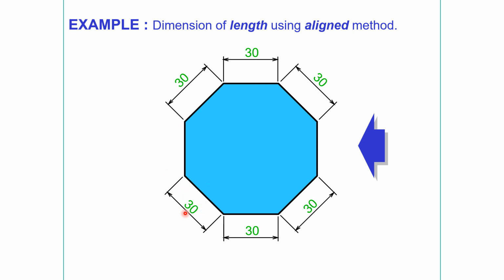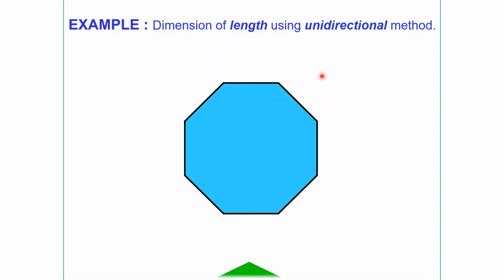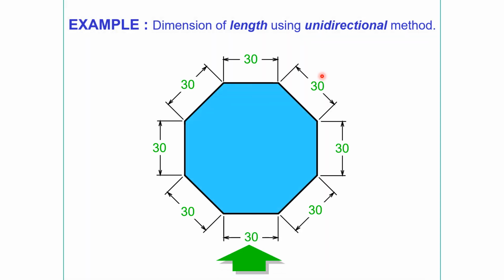Like this length is aligned, inclined, inclined. This is the aligned method. Now the unidirectional method: all the digits are vertical. This is the unidirectional method.